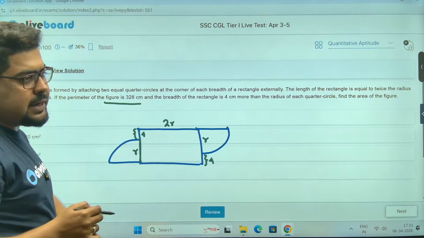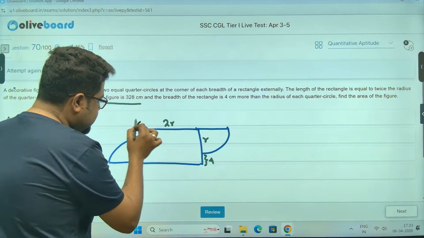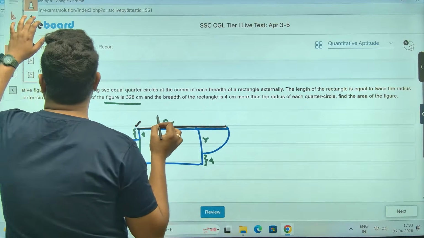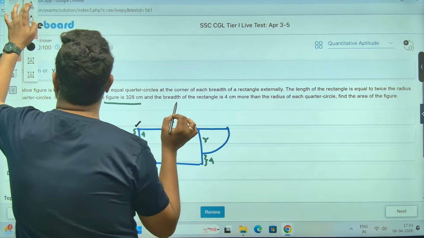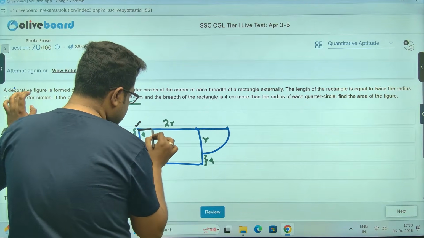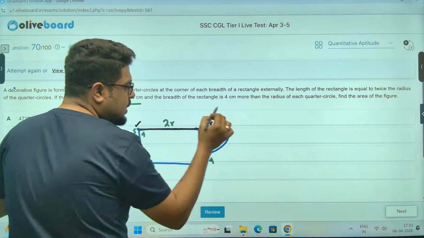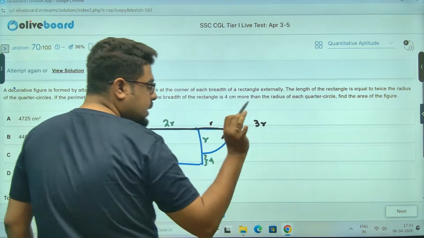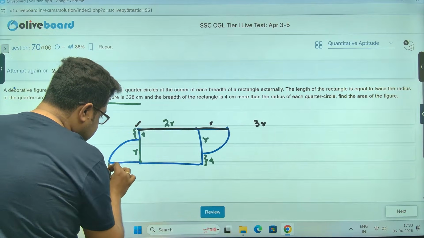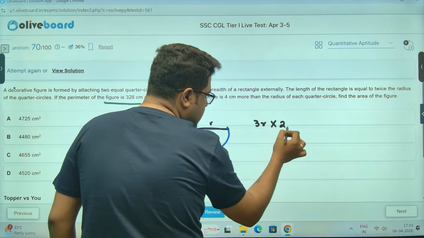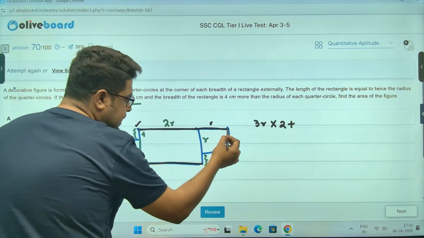Let's make the perimeter equation. Let's start from this point. This total is how much, sir? 2r here and this is also r. So 3r. Again, same over here, sir. So into 2 plus, I need this much.